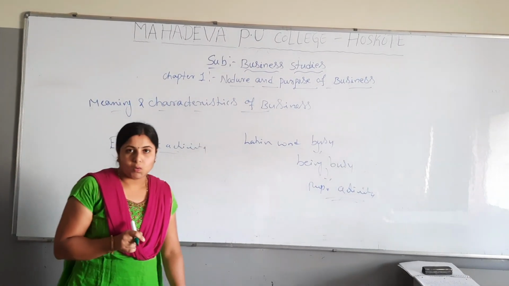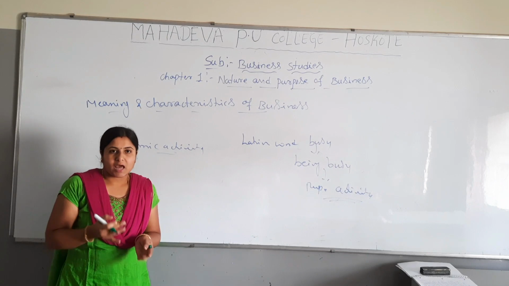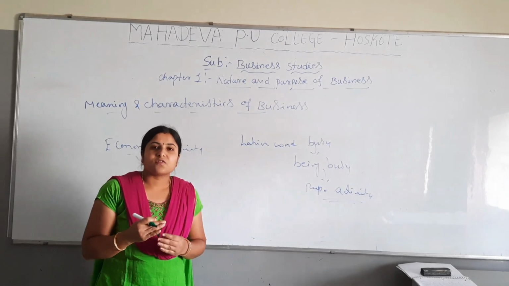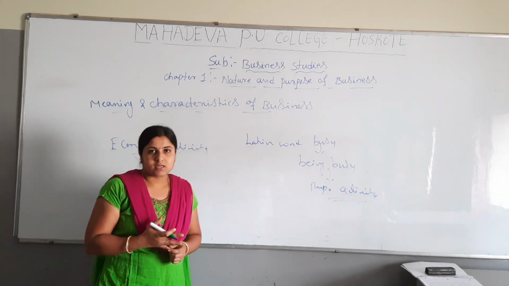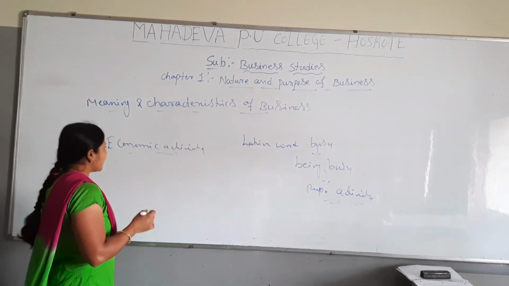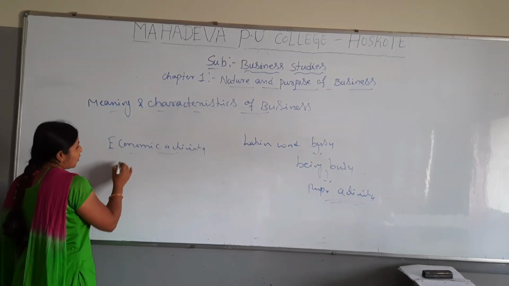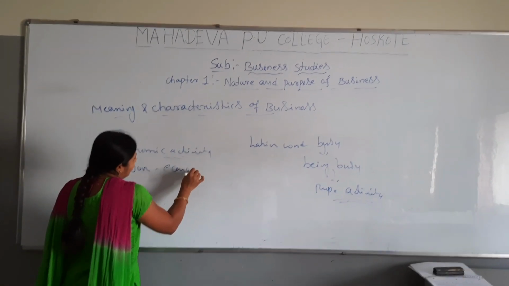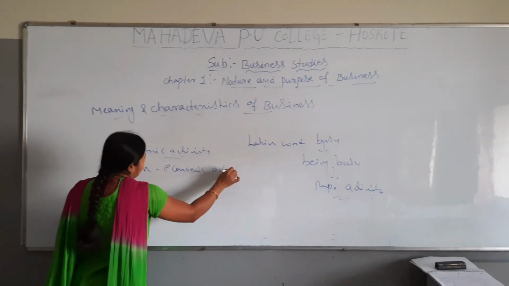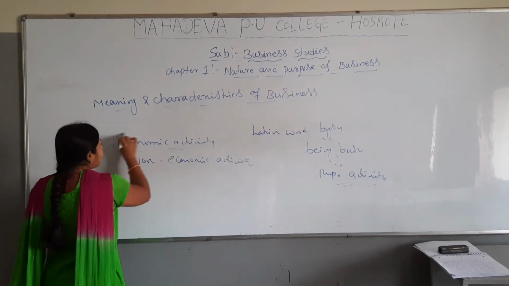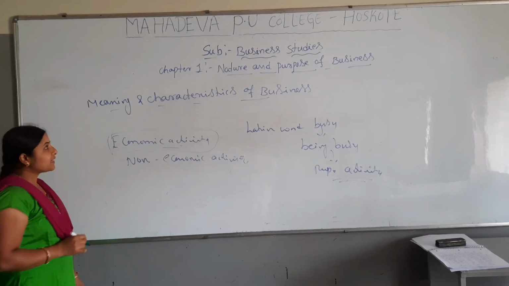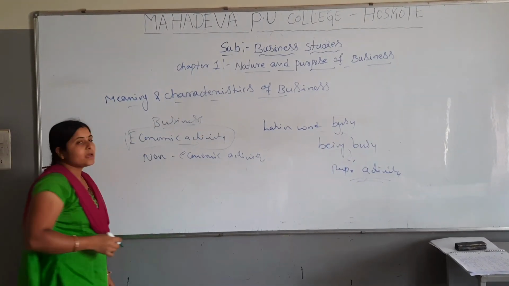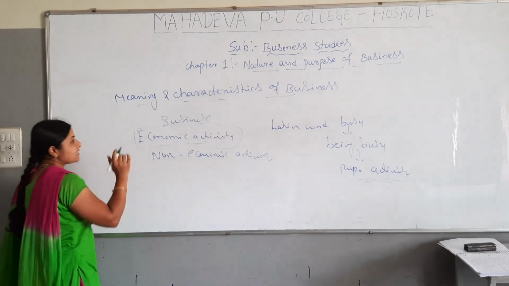In our day-to-day life, human beings are involved in various types of activities. These activities are classified into two types: economic activities and non-economic activities. Only economic activities are considered as business.